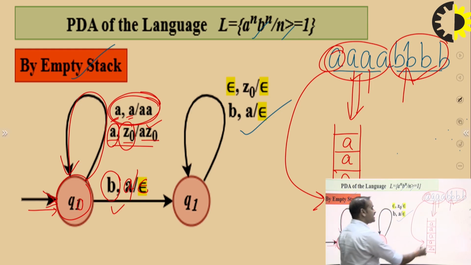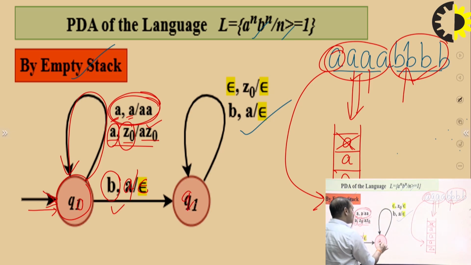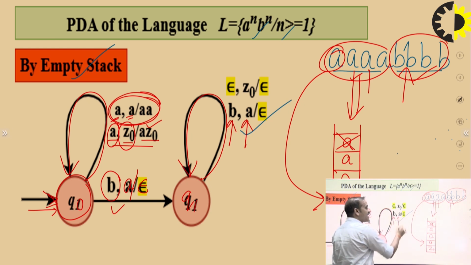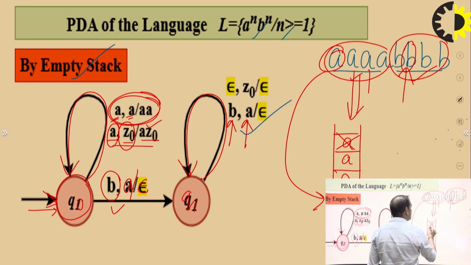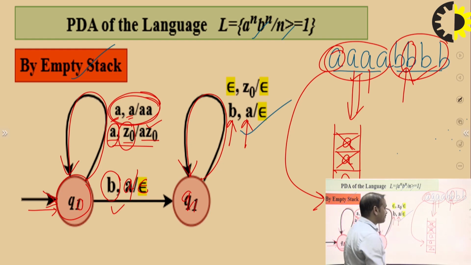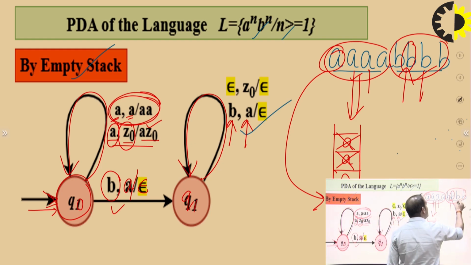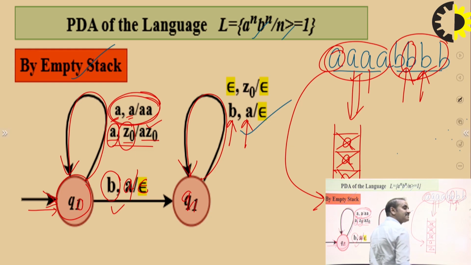The first A is erased. Now the state is Q1, and we construct a loop: input B, top of the stack A, we erase this symbol. Next input B, top of the stack A, erase the next symbol. Next input B, top of stack A, erase the next symbol.